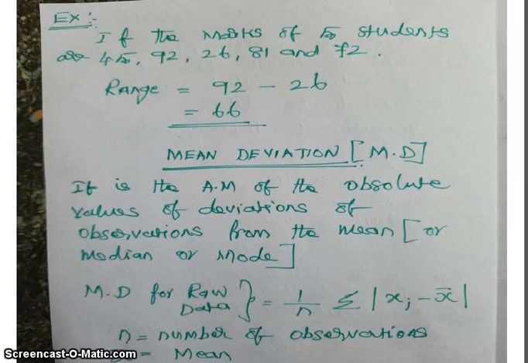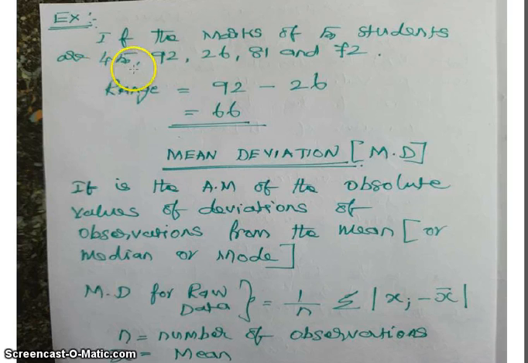Here an example for the calculation of range is given. If the marks of 5 students are 45, 92, 26, 81 and 72, how to calculate the range for the given data?